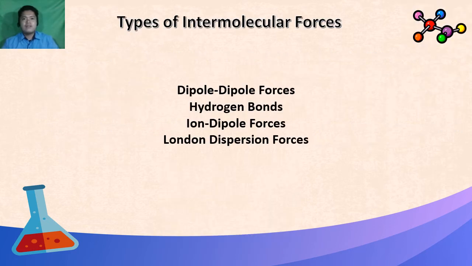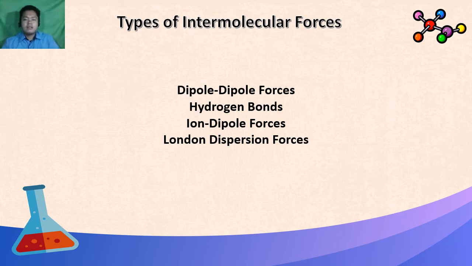Again, we have tackled the four types of intermolecular forces, which are the dipole to dipole forces, hydrogen bonding, ion to dipole forces, and London dispersion forces. For dipole to dipole forces, we have to remember that they exist between polar molecules.